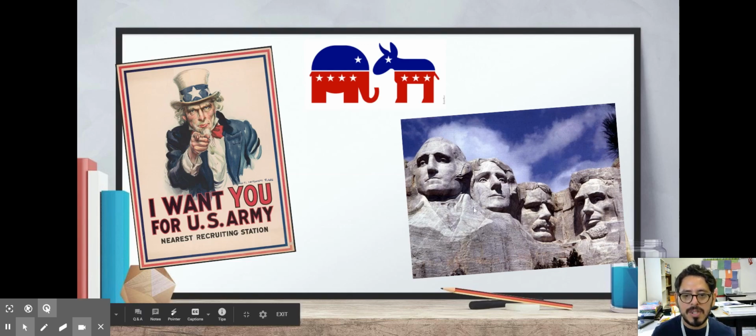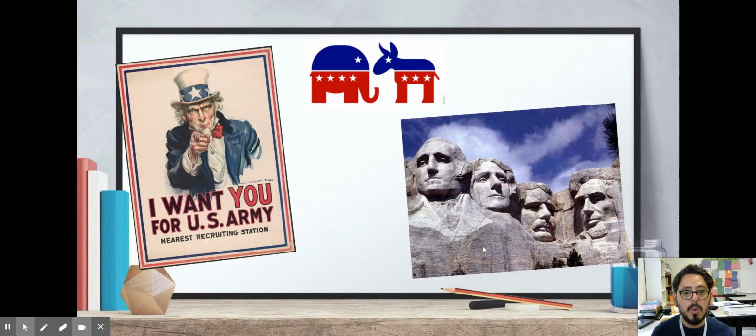Then we have Thomas Jefferson, who was the one who made the United States grow larger because he sent explorers to get a lay of the land, and they started acquiring more land, and that's why we have such a big country. And then we have Theodore Roosevelt, who is the one that made America a global power.